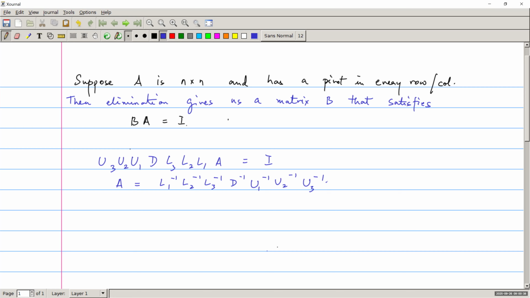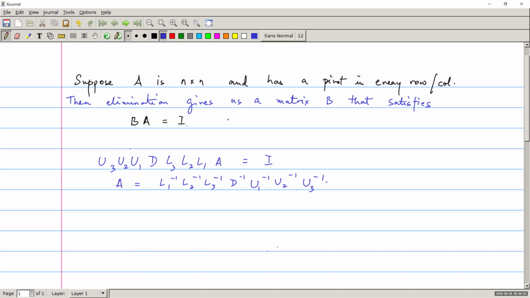So you have done this series of operations. When you want to undo all these operations, you undo the last operation first. Remember, you put on socks, then shoes, but when you want to remove them, you remove the shoes and then the socks. So the last operation gets undone first. So that is U3 inverse.